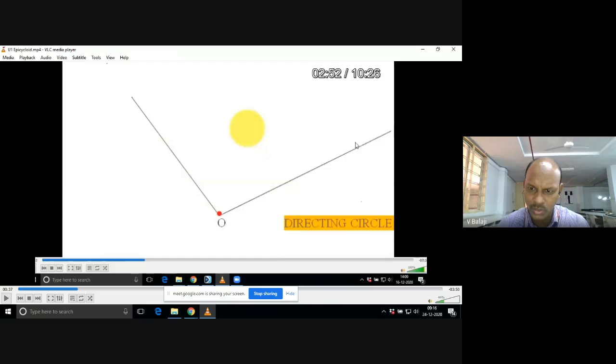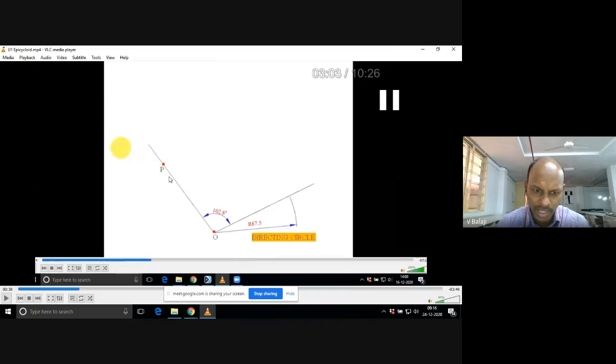We have already taken two lines, right? So on the first line, on the left hand side, you take radius 87.5, O as center, and mark a point P. That is the starting point on the ground, where the rolling circle also starts. So are you able to see this point, capital P?